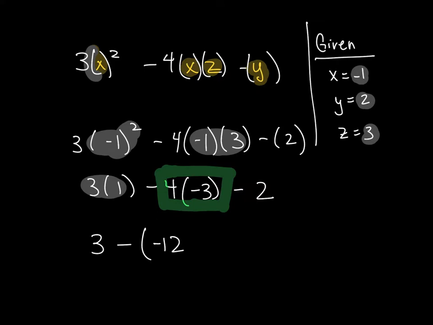If you did that all at once and said that was a negative 4 times a negative 3, that's fantastic. That will also work because you're left with the same thing as 3 plus 12 and that minus 2. I go through and now just add and subtract as I go across, and that leaves me with a 13.